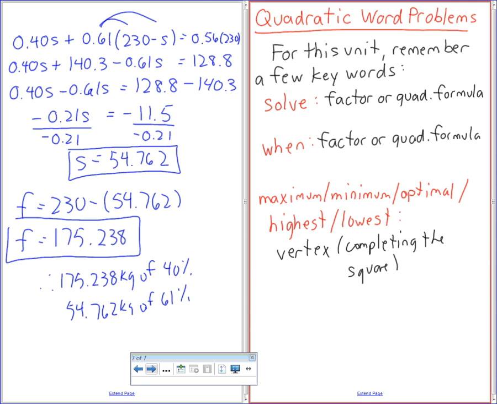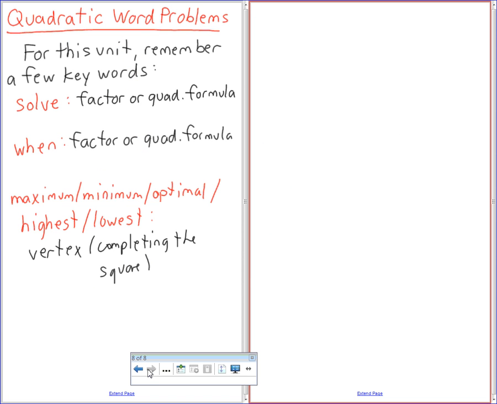Okay, here we go, example 1. It says a ball is thrown up in the air.